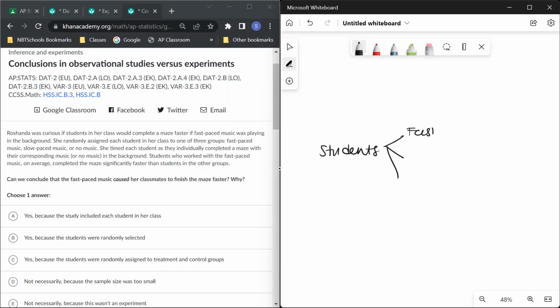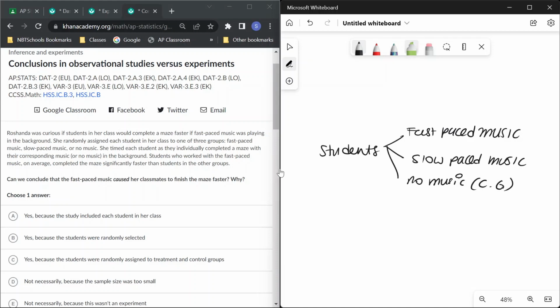So fast-paced music, slow-paced music, or no music, which is the control group.